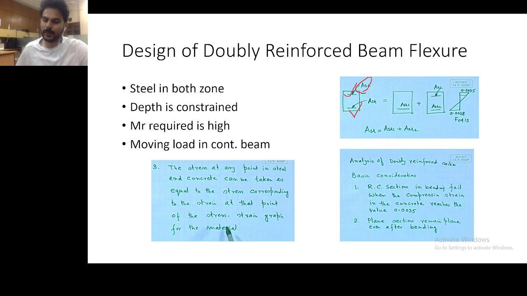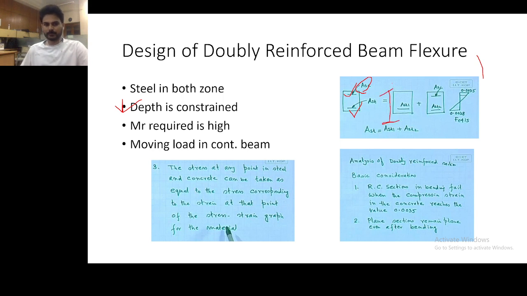So what is the requirement of designing the doubly reinforced beam? The requirement is that depth is a constraint. What does it mean that depth is a constraint? Can you see this depth?